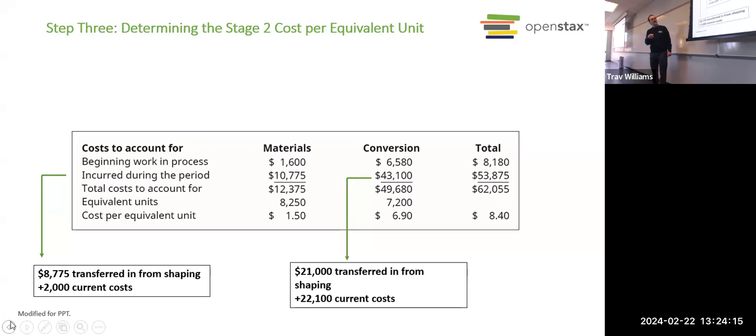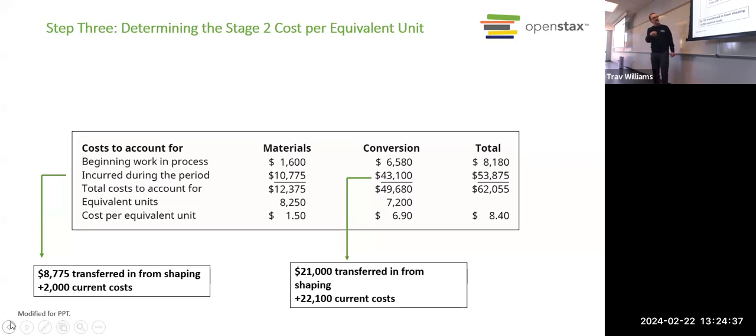Same thing with conversion. There were some conversion costs from the last period that haven't gotten transferred out yet. More conversion costs got transferred in from another department when they transferred their drumsticks over. Plus, this department added its own conversion cost for this period.